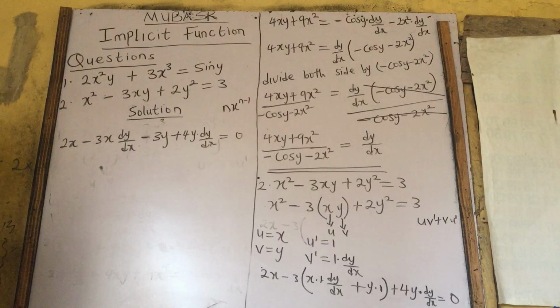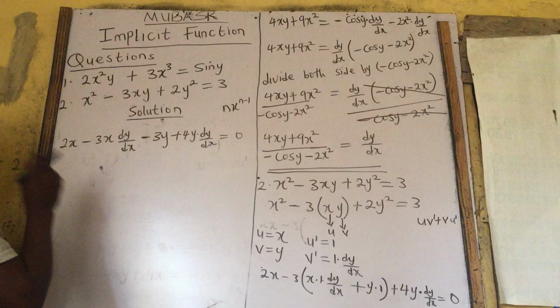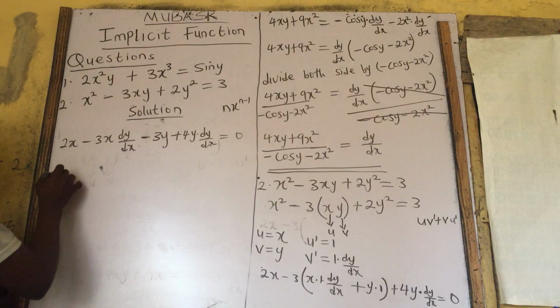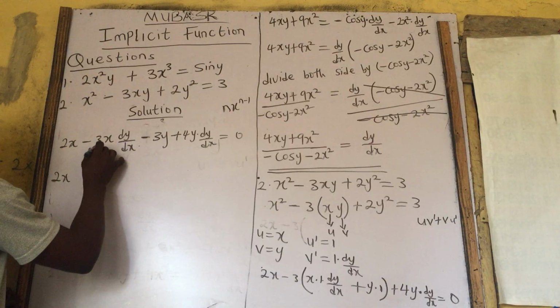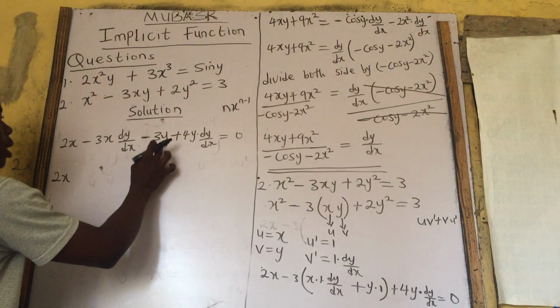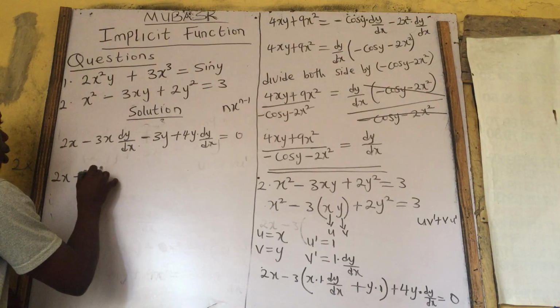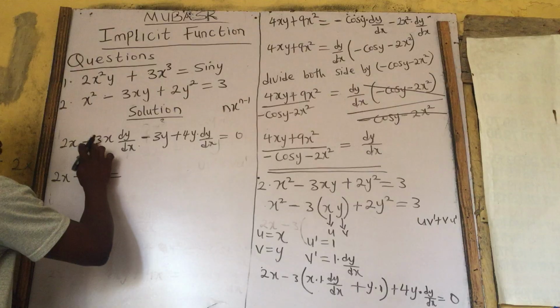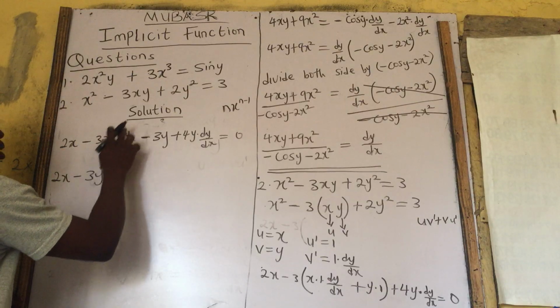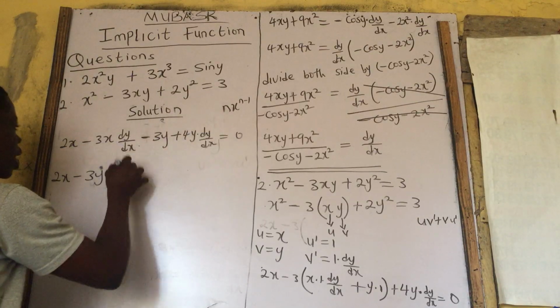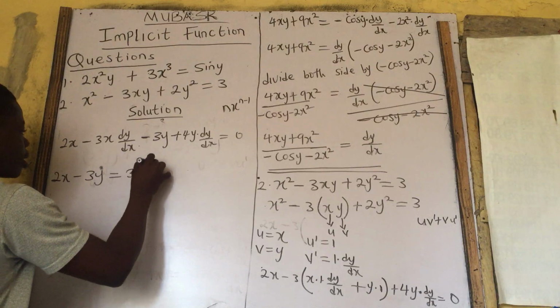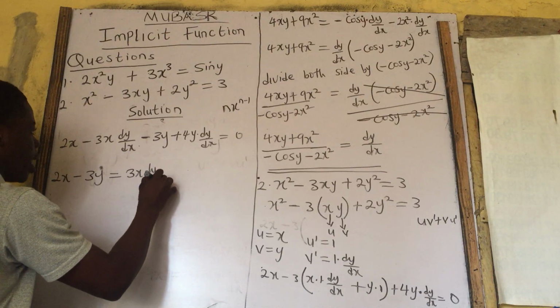Now you can collect the like terms because we have to obtain the variable dy over dx. By collecting the like terms, 2x minus 3y is equal to what? If this 3x multiplied by dy over dx comes to this side, we change to plus 3x multiplied by dy over dx.